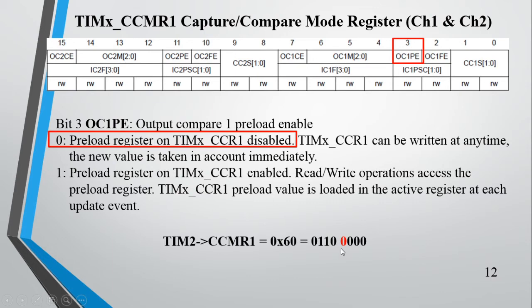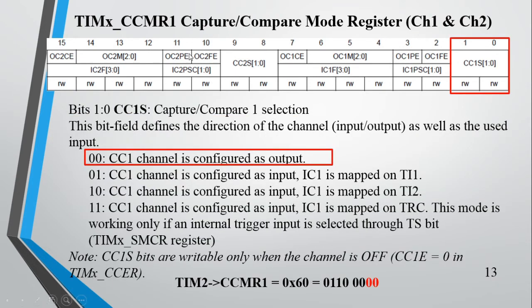Then in the same register, bits 0 and 1 are used for configuring the capture compare 1 selection. That means whether you are going to configure the pin as a capture pin or a compare pin. In my case, PWM is also generated using compare mode. So I am writing 0, 0 in the capture compare 1 selection bits. 0, 0 means the CC1 pin, the capture compare channel 1 pin, will be configured as output.